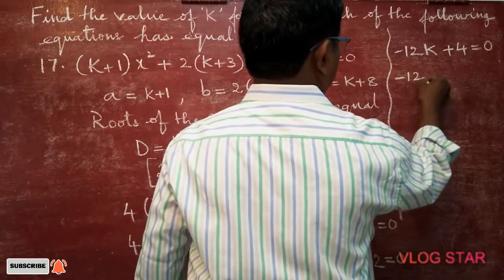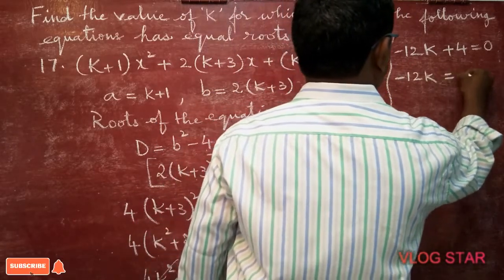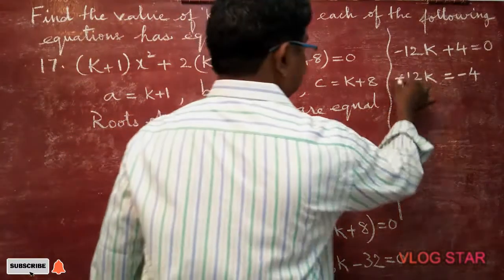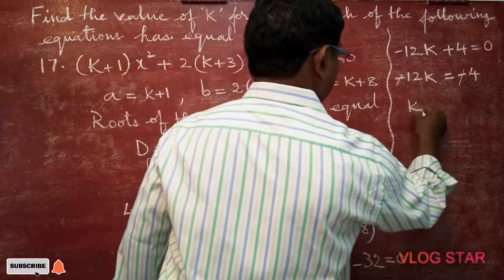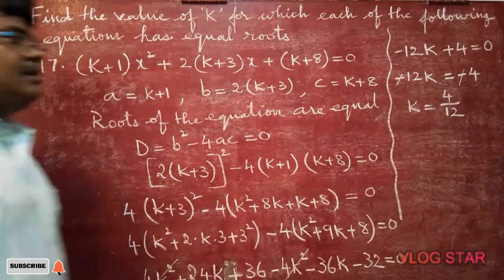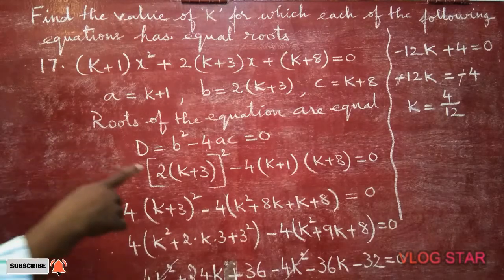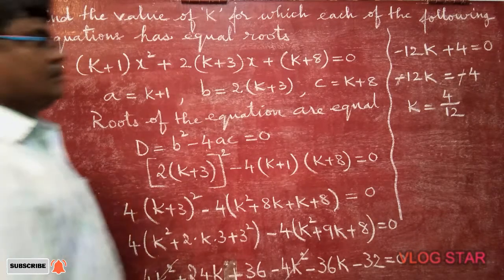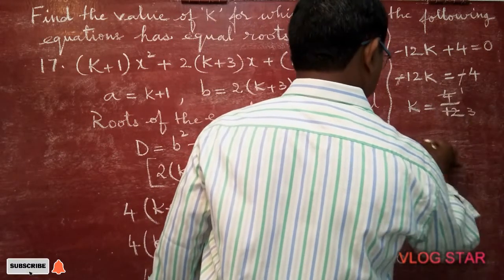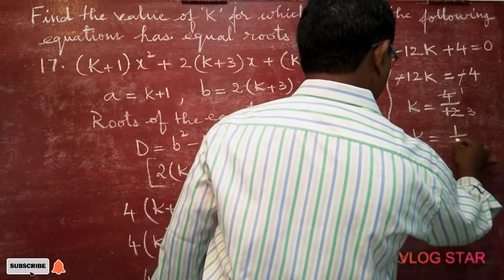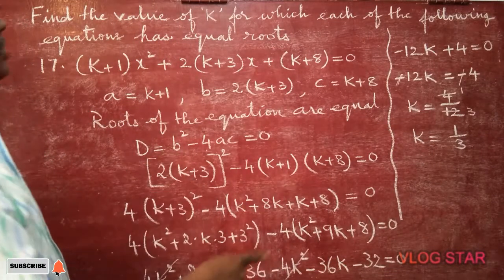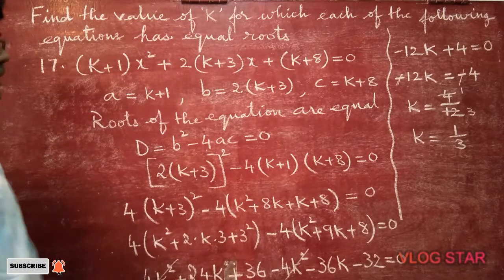Now minus 12k is equal to minus 4. Plus 4 goes from left to right as minus 4. Minus minus get cancelled. k is equal to 4 by 12. 12k means 12 into k, and going from left to right it becomes division. 4 ones are 4, 4 threes are 12. So k is equal to 1 by 3. Now we got the value of k. This is the way of solving this and finding the value of k.